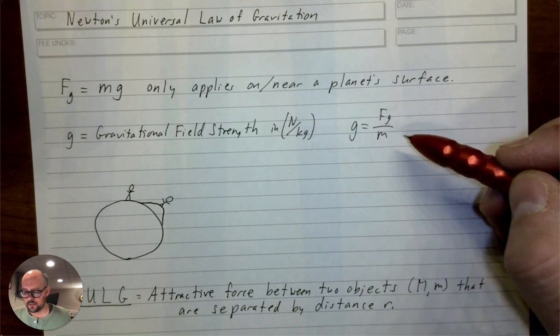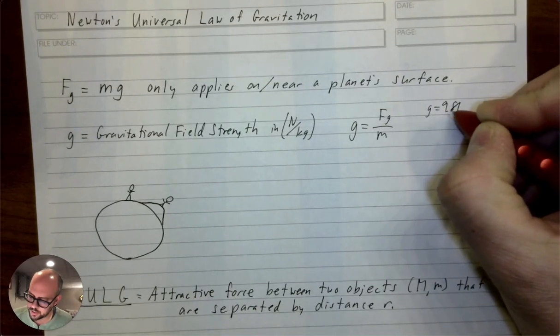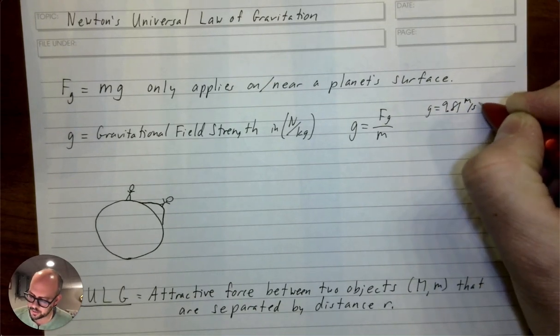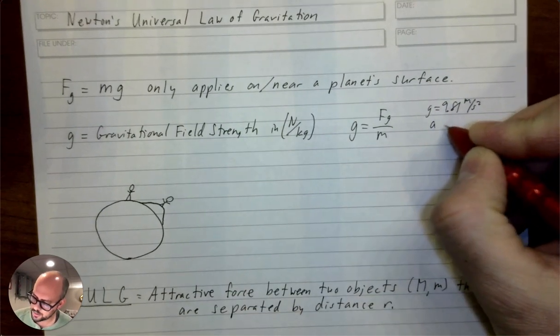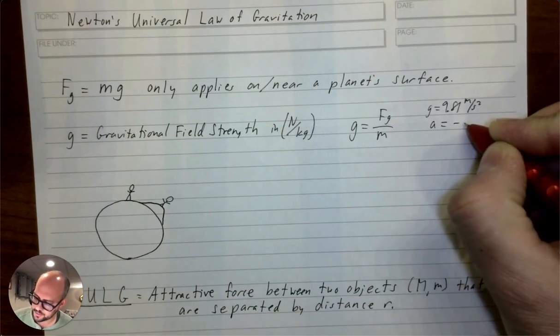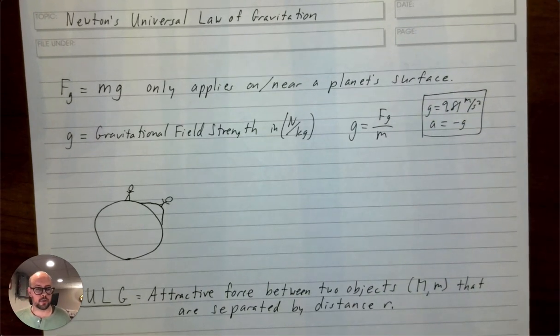So we have used g equals 9.81 meters per second squared. Now we have two things that this variable does. When something is accelerating through the air, we say that the acceleration is equal to negative g, and this is where negative 9.81 comes from.